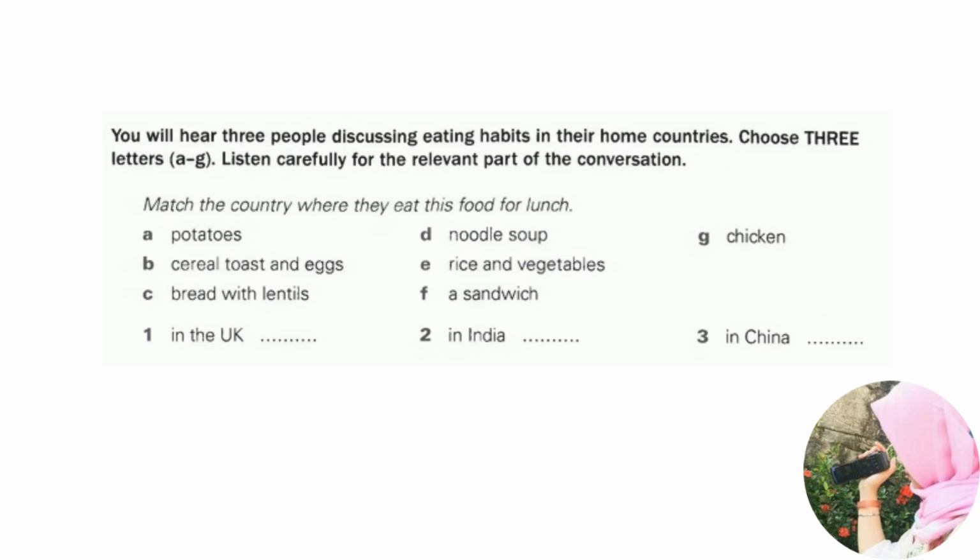The instruction here is you have to choose 3 letters, A to G, and listen carefully for the relevant part of the conversation. So you have to match the country where they eat this food for lunch. Actually, the countries mentioned on track 29 are one in the UK, one in India, and the last one in China. Best of luck.